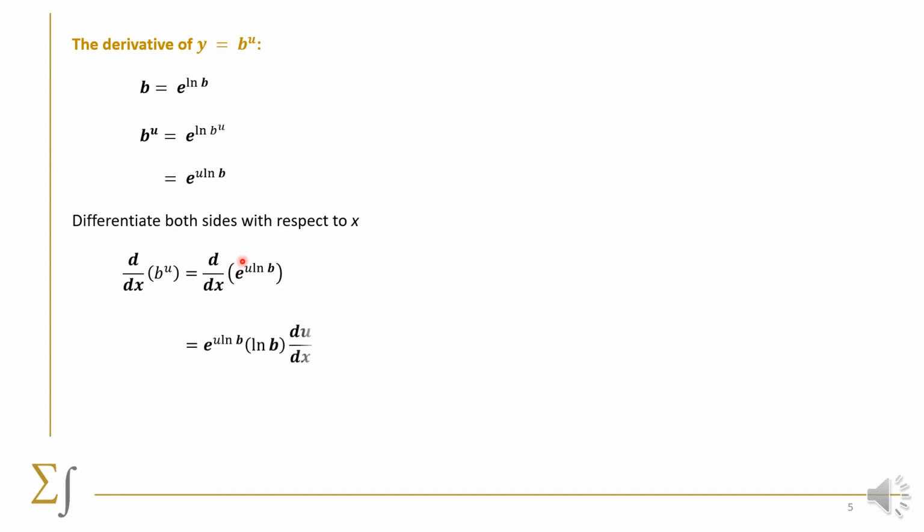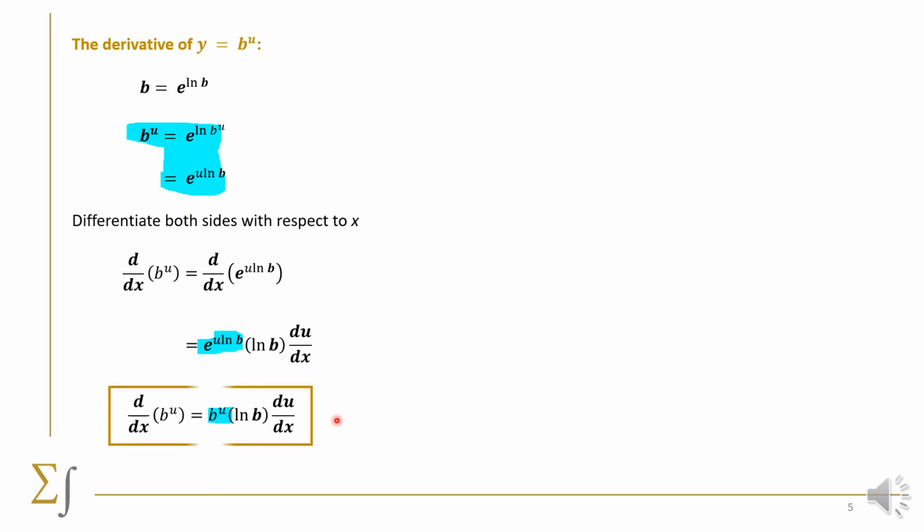So we have e power u ln b multiplied by the derivative of the exponent, and the derivative of the exponent is the constant ln b multiplied by the derivative of u of x with respect to x. So in this step, we keep the ln b as it is, the du by dx as it is, and we take the e power u ln b and put it back to its original form. We have it up here. So here we arrive at the formula we want.